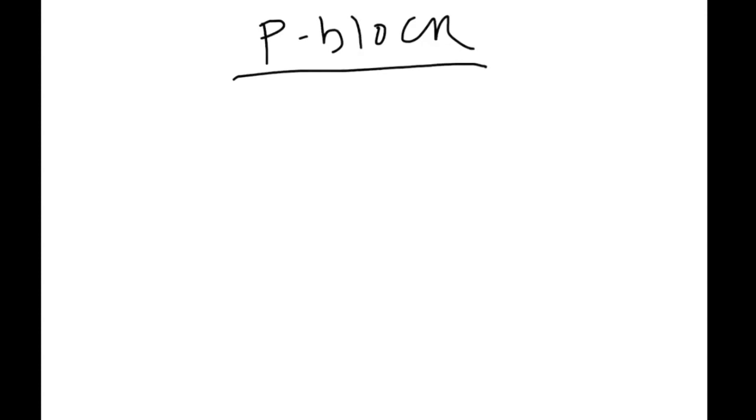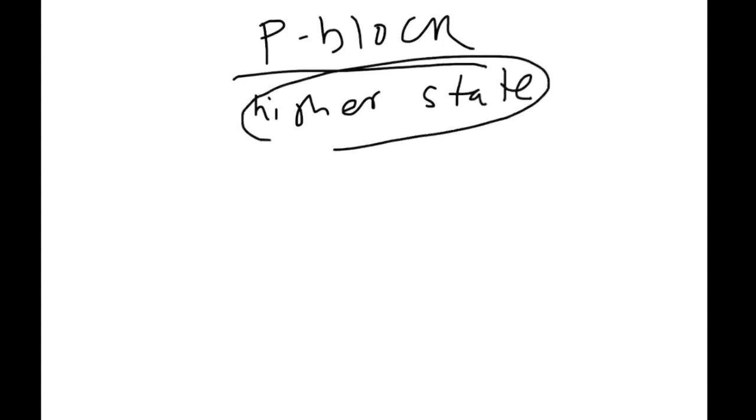In the P block, the stability of a higher oxidation state decreases down the group.